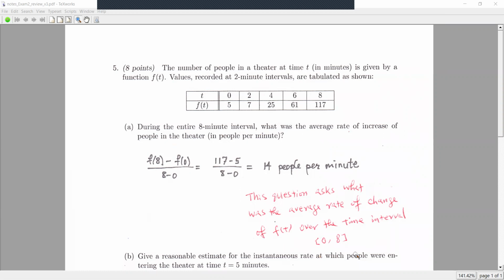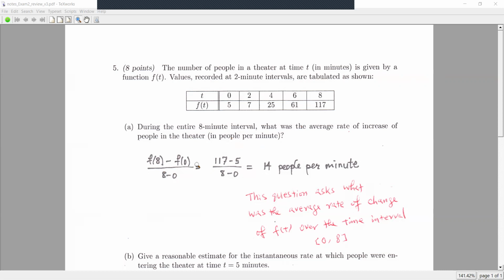By formula, the answer is the function value at 8 minus the function value at 0, over 8 minus 0. The function value at 8 from the table is 117. The function value at 0 is 5.